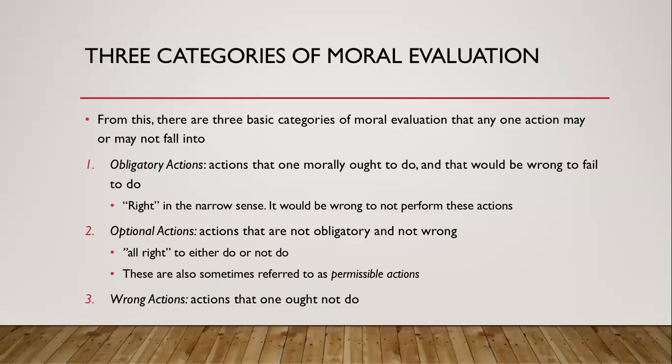Different moral theories will sometimes determine the same action to be in different ones. So if we're reasoning using utilitarian calculus, an action would be right, but if you use Kantianism, that action would be deemed wrong. It just depends on the moral theory that you use. Okay, more on that later.